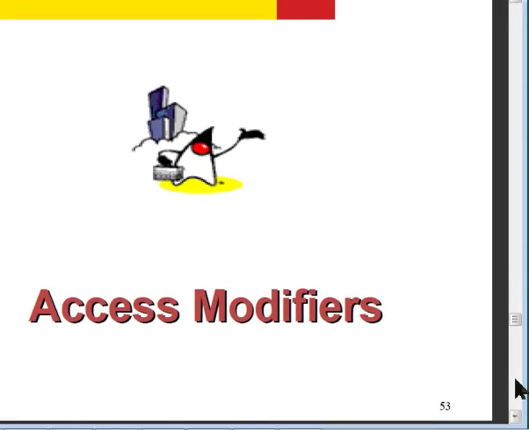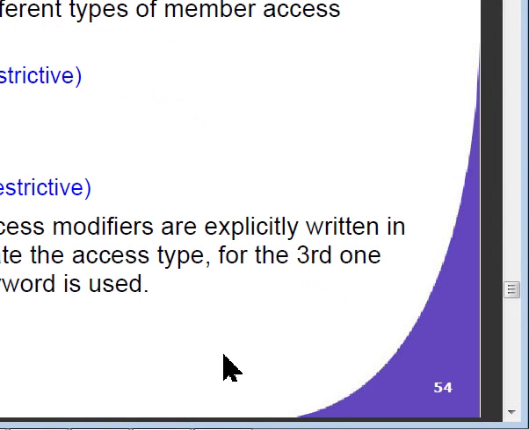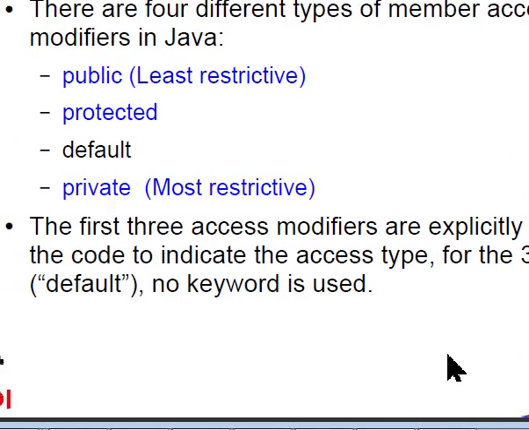Okay, so access modifier. This is probably the most complex concept of this presentation. Access modifier can take 4 different forms: public, protected, default, and private. Public is the least restrictive, while private is the most restrictive, so this is in order of level of restriction.